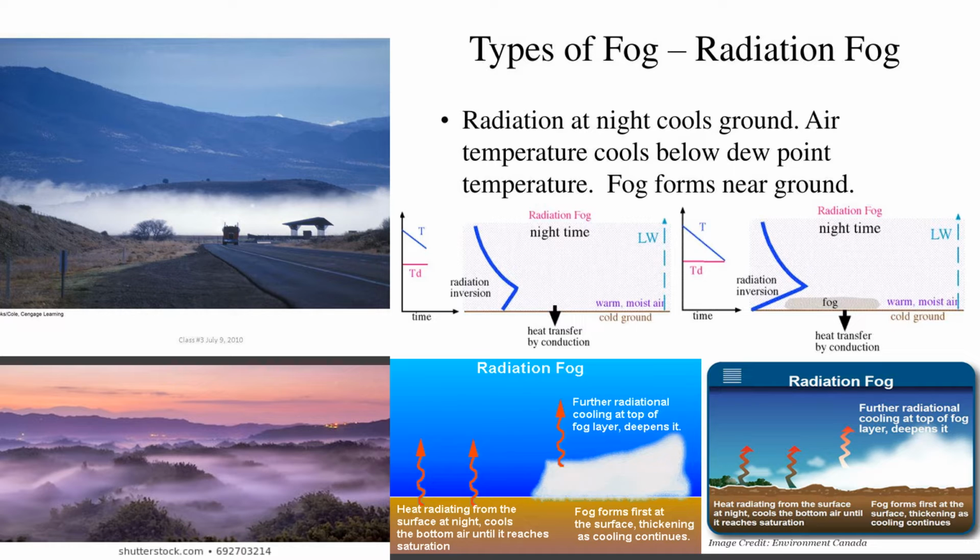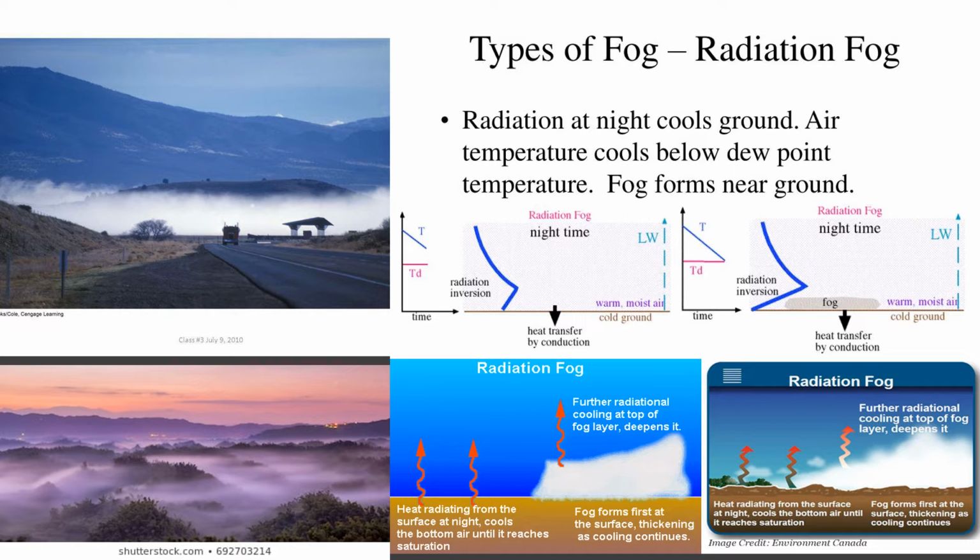The ground therefore cools rapidly, and so does the air directly above it, and a surface inversion forms, with cooler air at the surface and warm air just above. The moist lower layer, chilled rapidly by the cold ground, quickly becomes saturated, and fog forms.